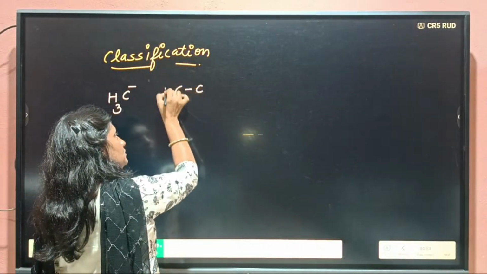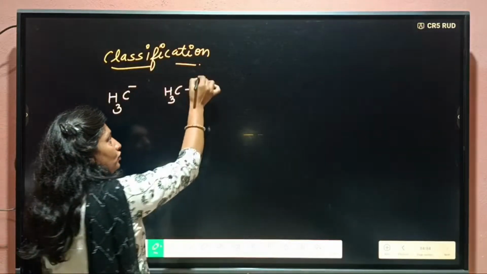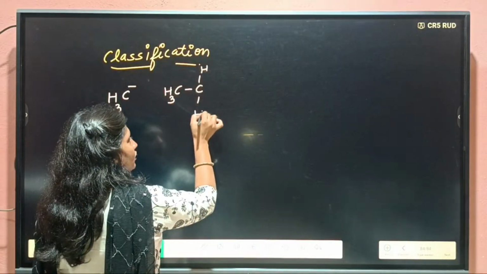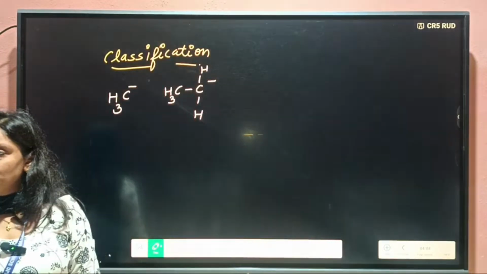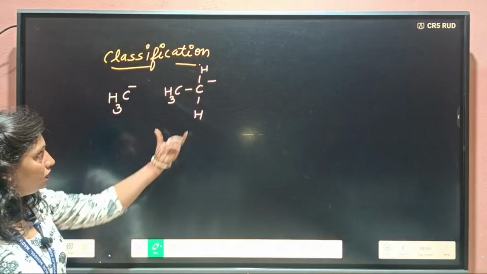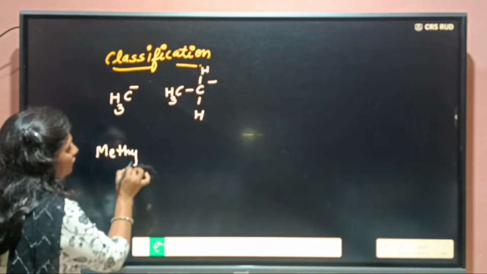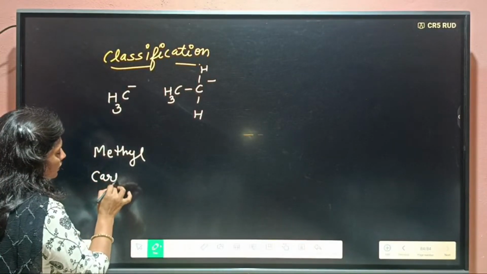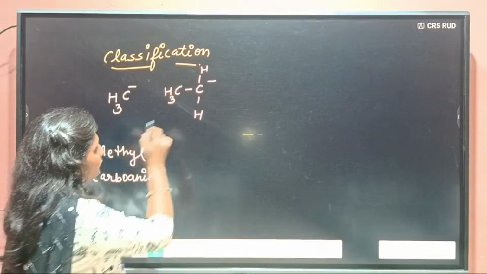Primary means the carbon is forming one bond with another carbon and the other two bonds with hydrogens, carrying a negative charge because we are talking about carbanion. Okay, so this is methyl anion, then primary.